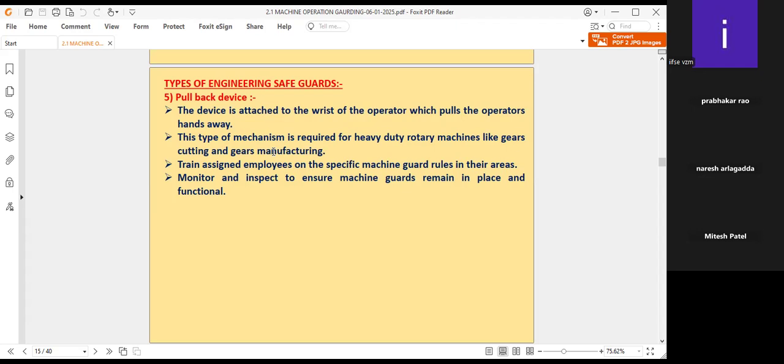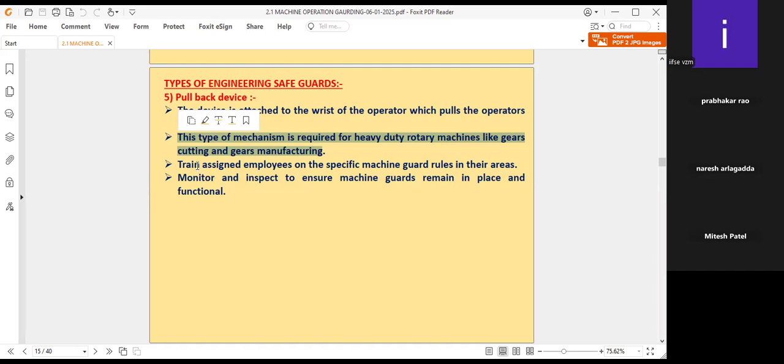Only on the manufacturing side, such as automobile manufacturers, will they use this type of device.